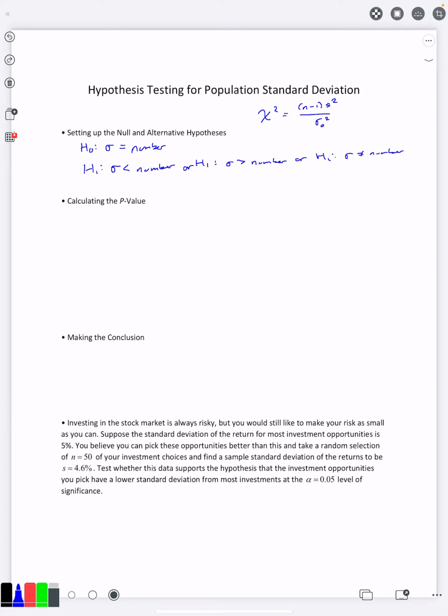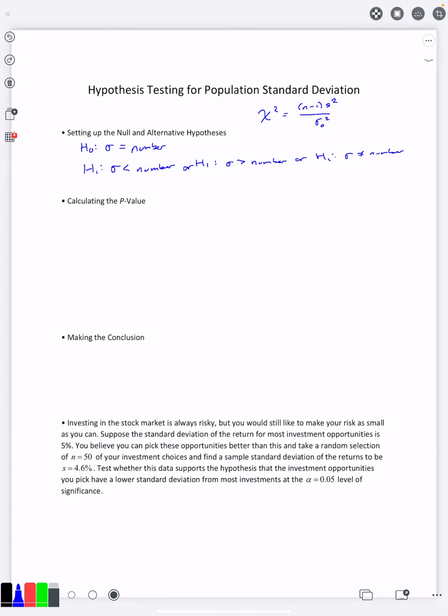So let's look at this example below so we can set up the exact hypotheses for that. It says, investing in the stock market is always risky, but you would still like to make your risk as small as you can. And we're going to be measuring risk here as the standard deviation of the return that you get on your investments. Suppose the standard deviation of the return for most investment opportunities is 5%.